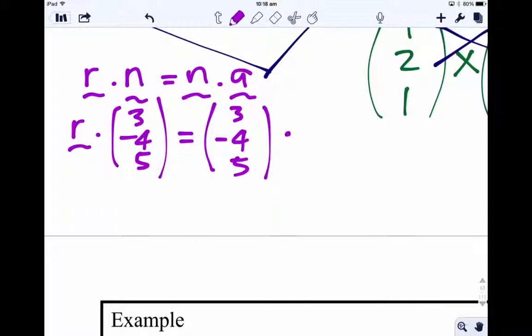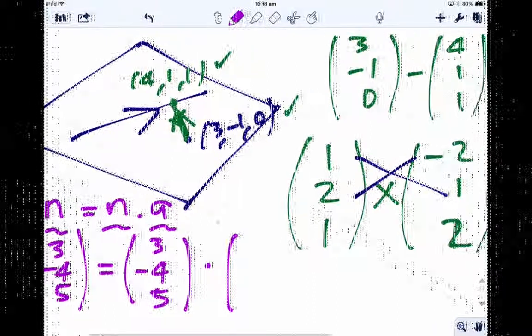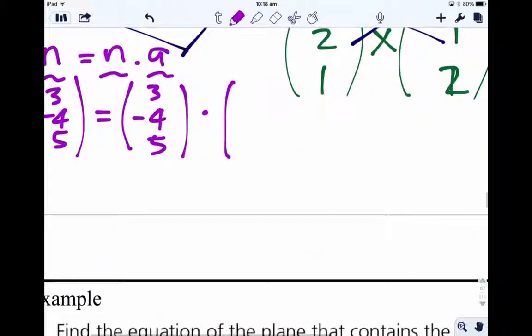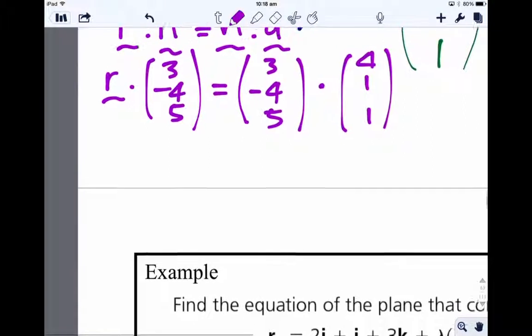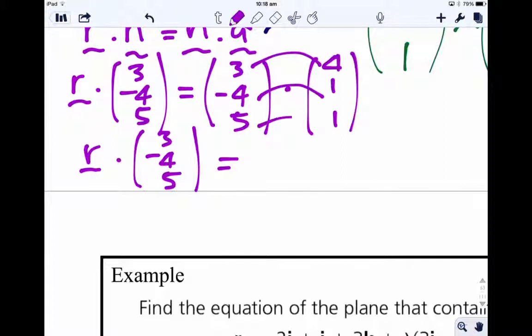And what's a point in the plane? Well, we've got lots of choices now, haven't we? There's 4, 1, 1. We could use that point there, or we could use this point here. I shouldn't say lots. We've got 2 points that are lying in the plane. I'll use 4, 1, 1. Okay, so I've got r dot (3, negative 4, 5) equals, let's do some quick calculation here, 12 plus negative 4 is 8 plus 5 is 13.